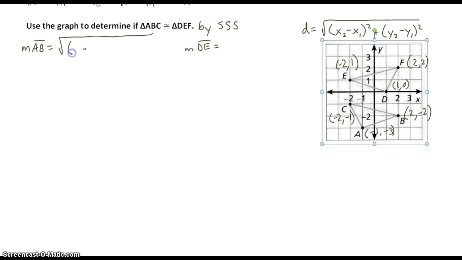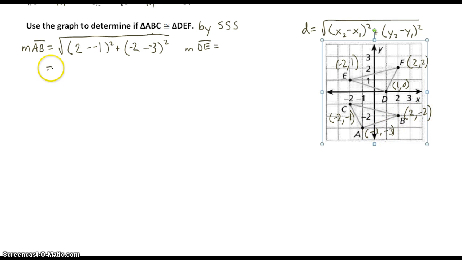I'm going to take the square root of my x's subtracted and then squared and add it to the difference of my y's subtracted and squared. So if I have AB, I'm going to take 2 minus -1 and -2 minus -3. x2 minus x1, y2 minus y1.